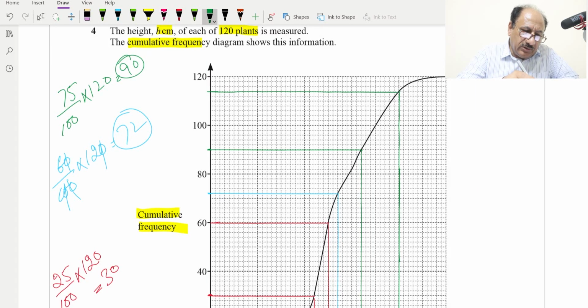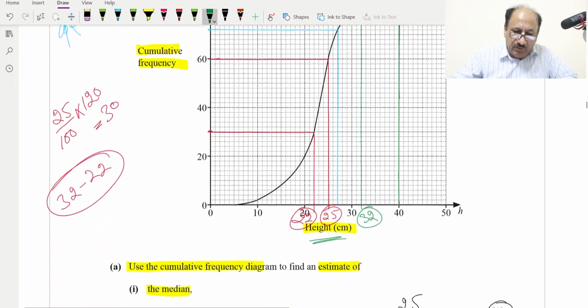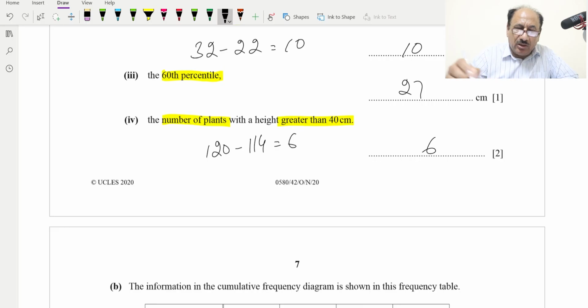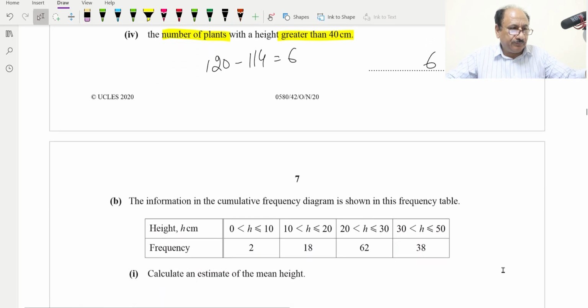We can check from here. This is 100, and up to this one is 110, 112, 114. So this is 114. So 120 minus 114 will be the value which is upper. 120 minus 114 will be equal to 6. So our answer to this part will be 6.